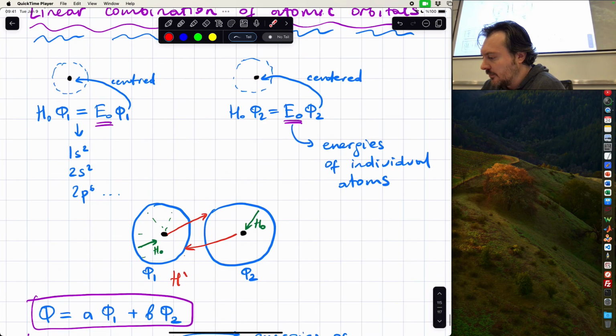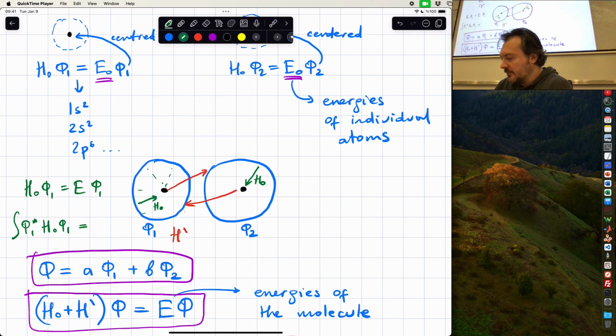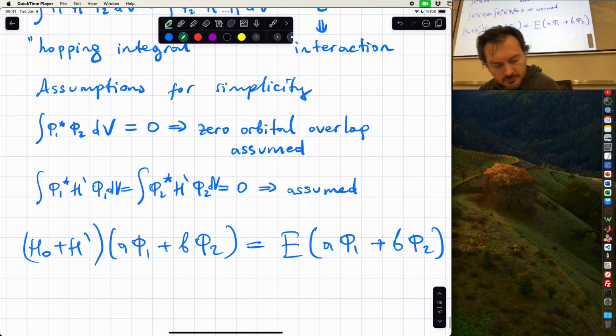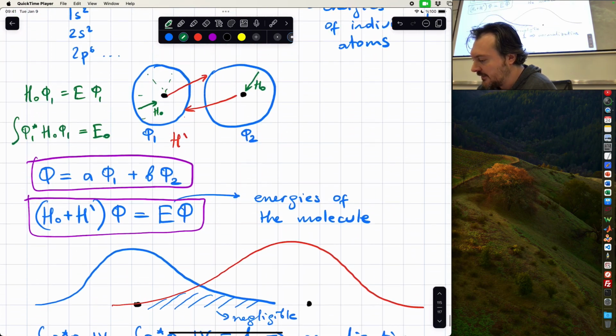H0 phi 1 is E0 phi 1, right? So if I write the integral of phi 1 star H0 phi 1, then what do I get? E0.